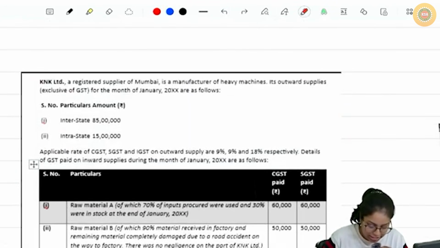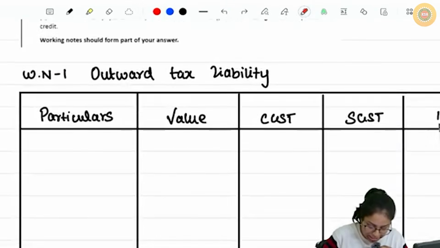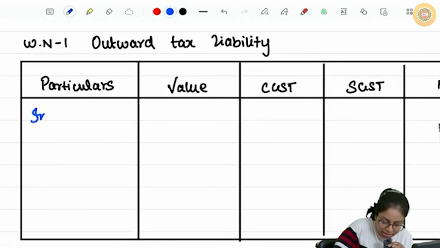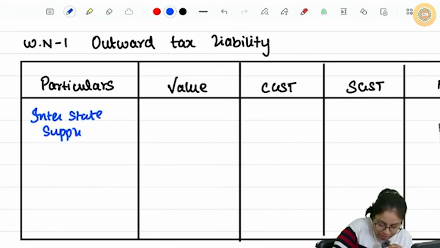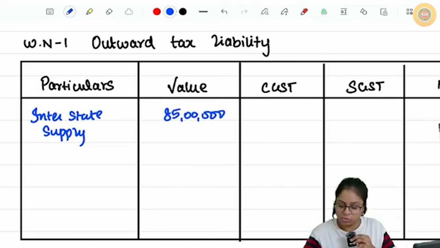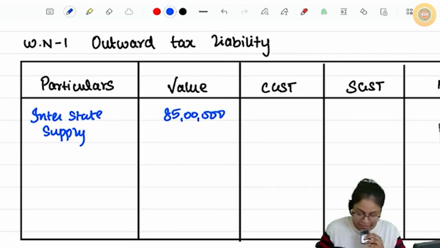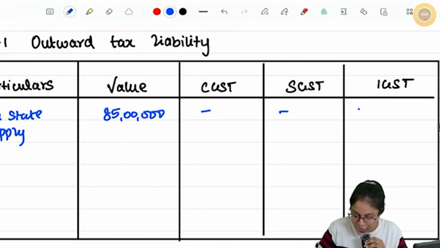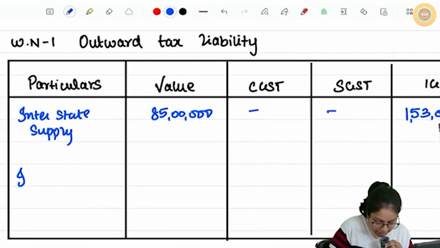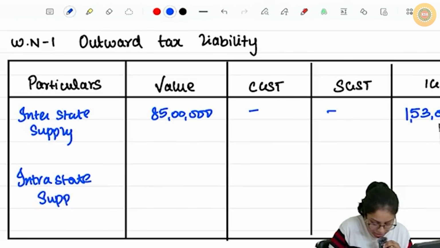Interstate supply value is 85 lakhs. So it is 85 lakhs into 18%, since it is interstate, which is 1,53,000. And our intrastate supply was how much, guys?